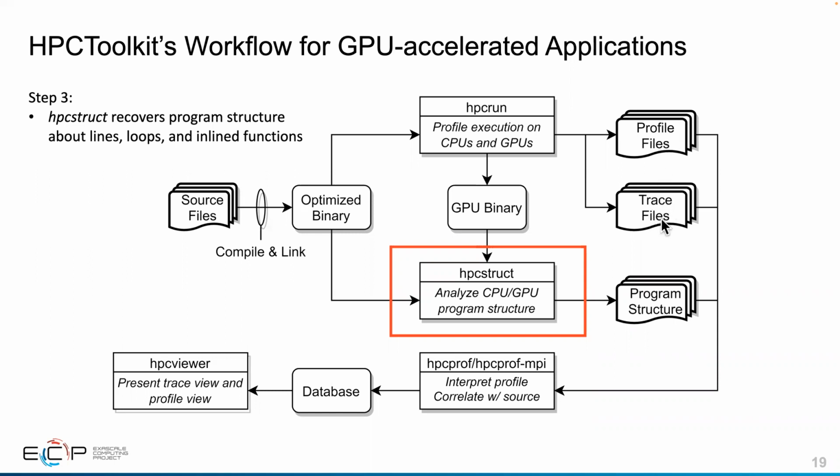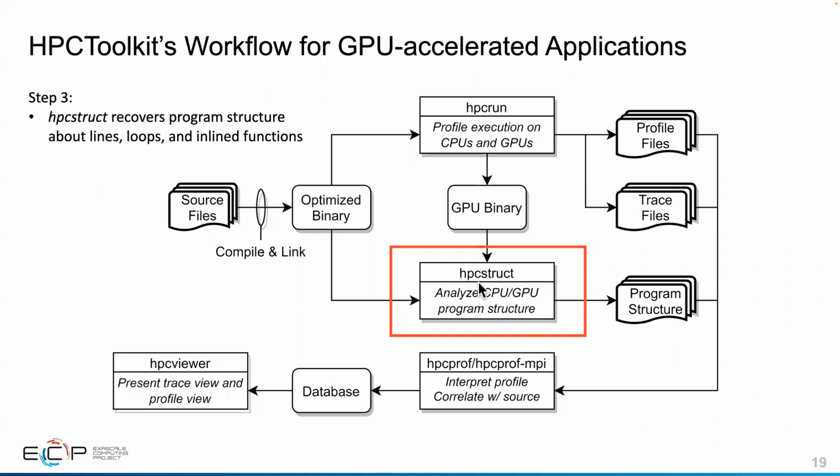Then the trace files are associating trace events with program contexts as well, with these call paths in the tree. That's true for the traces of CPU activity, and it's also true of traces of GPU activity.